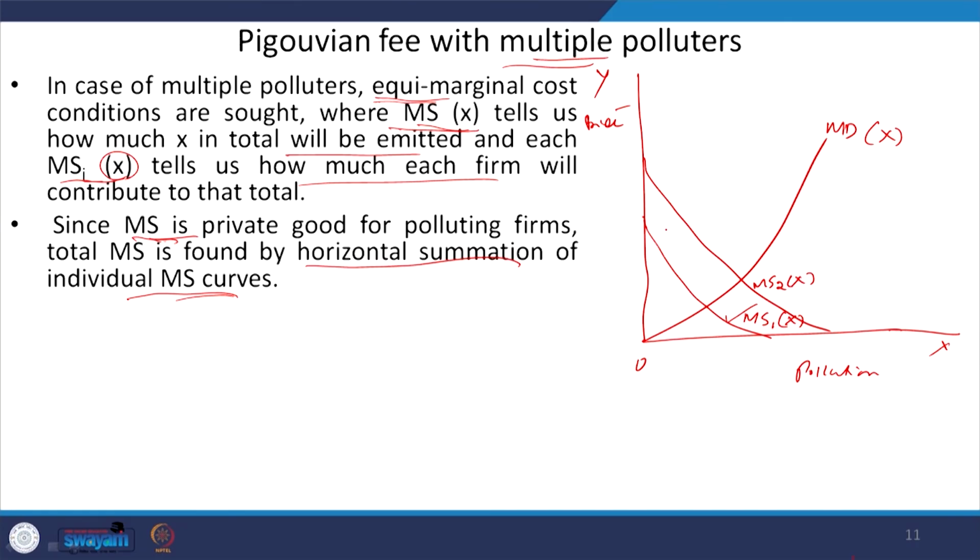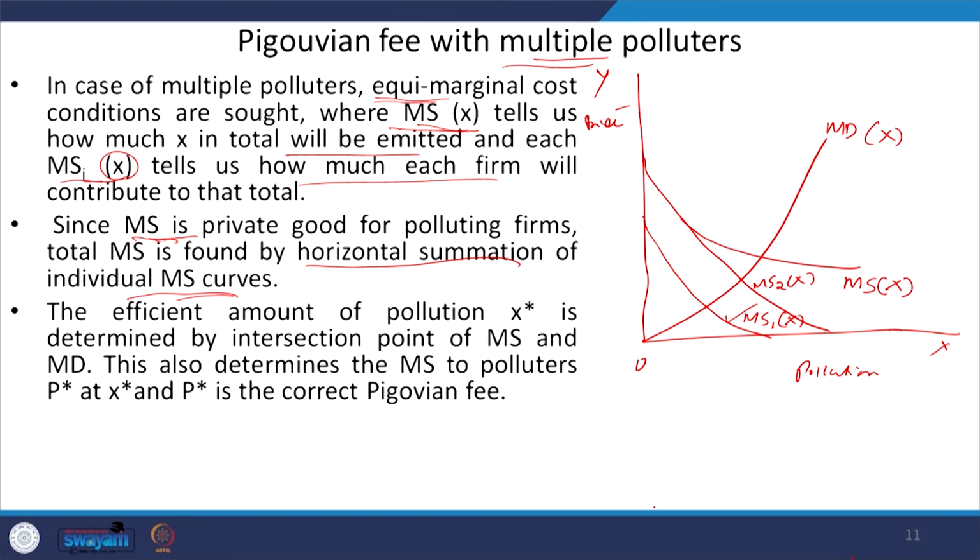So, this will be your total marginal saving function, right. And now we need to find out what is the efficient amount of pollution. How to find it? Obviously, the efficient level of pollution is found by the intersection point of your marginal saving function, which is the summation of all the marginal saving curves, and the marginal damage function.